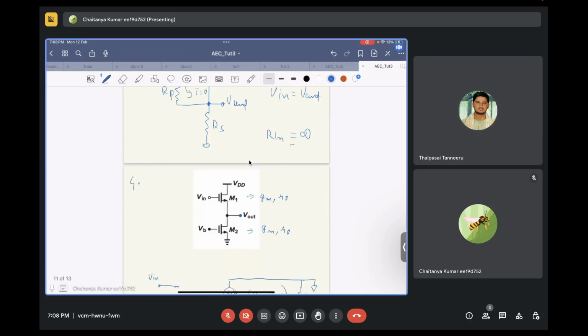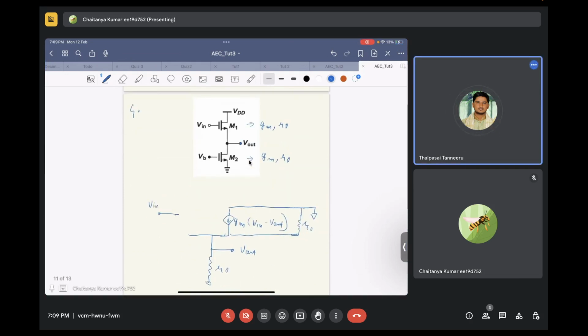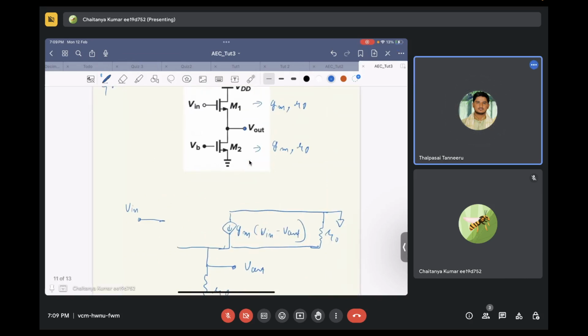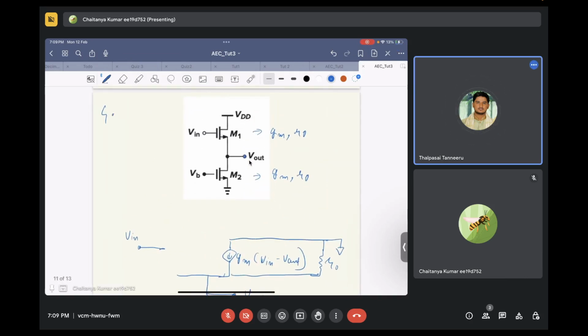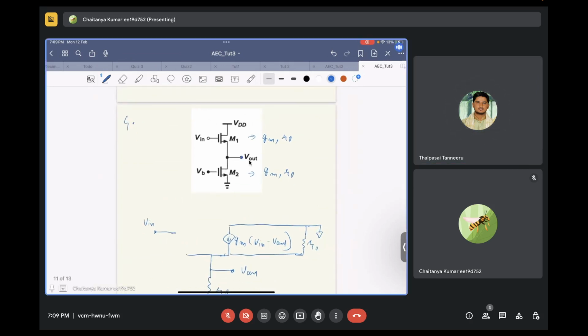Again, the same principle can be applied over here. Which transistor is in negative feedback? The down one is negative feedback, sir. Out of M1 and M2, which transistor will be negative feedback? Let's say the output voltage tries to increase. M1, sir.